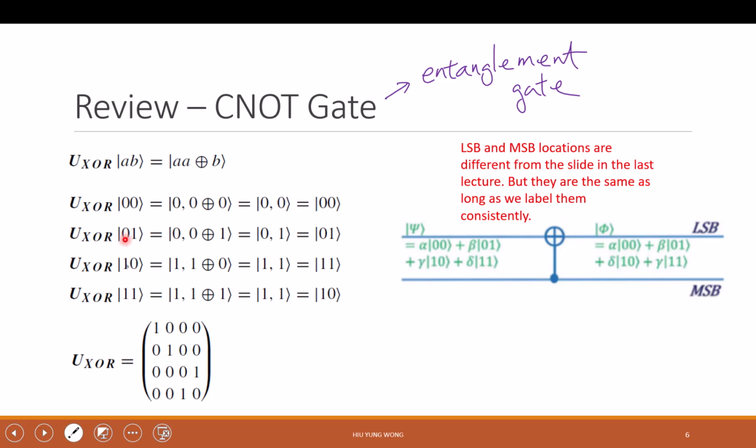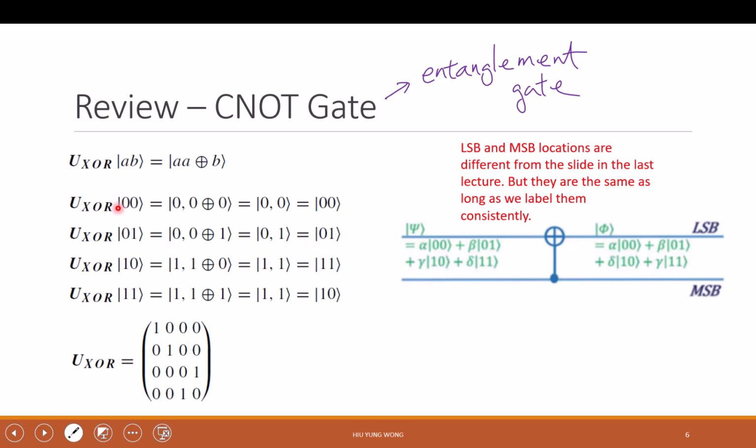And similarly for 0, 1. The first qubit doesn't change. Don't touch it. That is the definition. The second qubit becomes A exclusive or B. Here it is 0 exclusive or 1. Based on the definition of exclusive OR, I have one 1, so it becomes 1. So this becomes 0, 1.